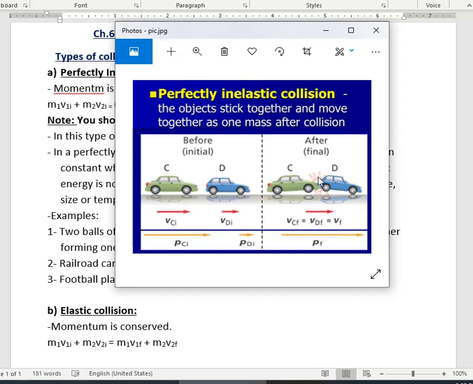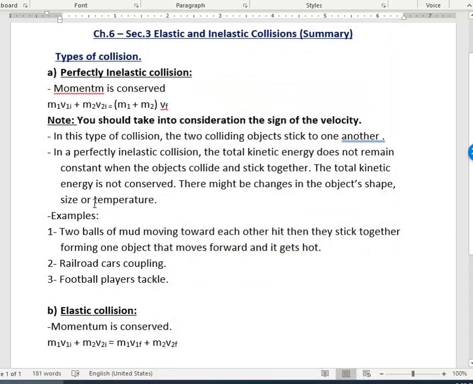So here we have thermal energy converted from what was kinetic energy before. So in perfectly inelastic collision, the total kinetic energy does not remain constant when the objects collide and stick together. There might be changes in the object's shape, size, or temperature.